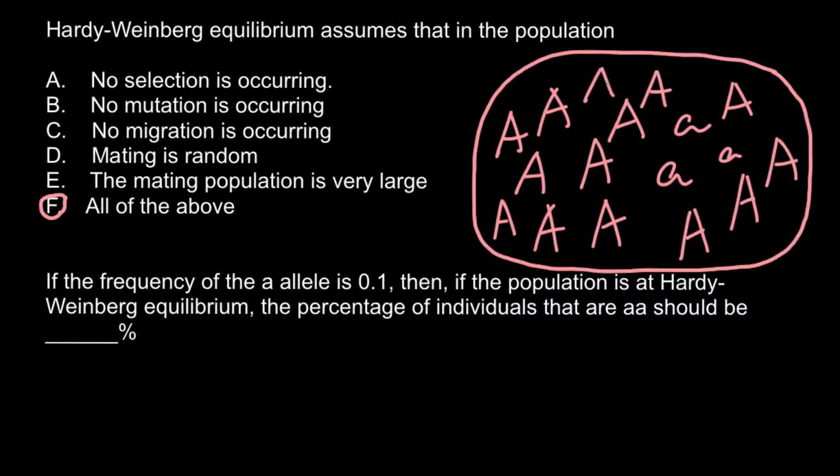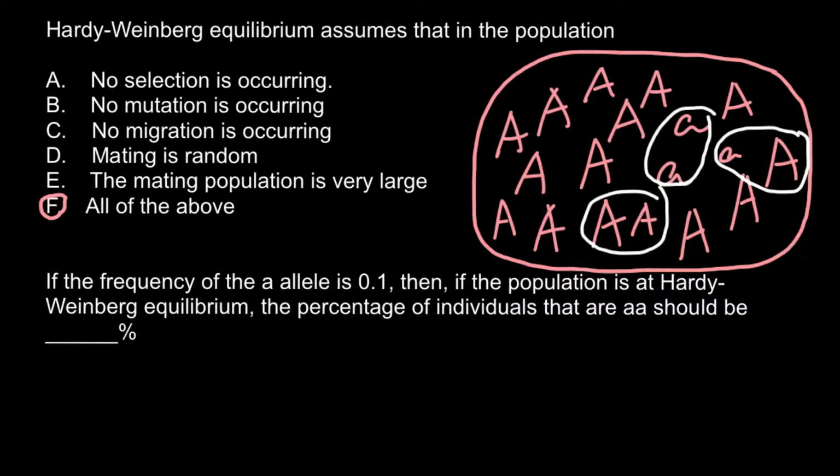That means we would have many more people who are diploid and homozygous dominant, and some of them would be heterozygous and some homozygous recessive.